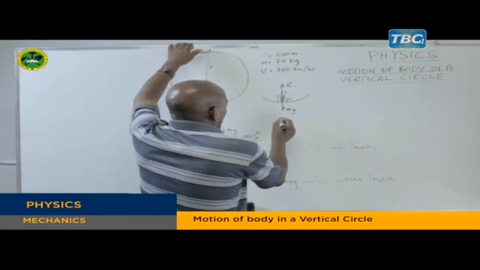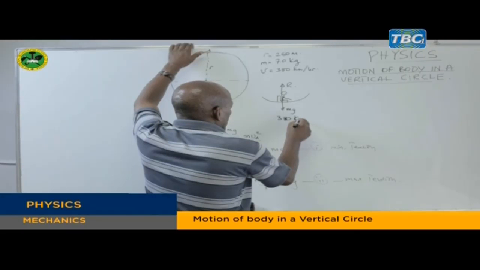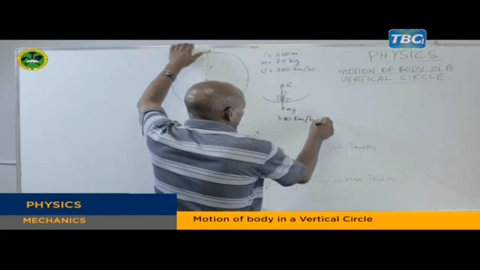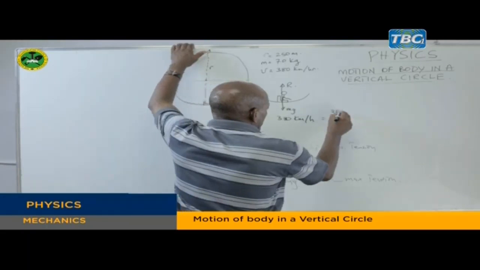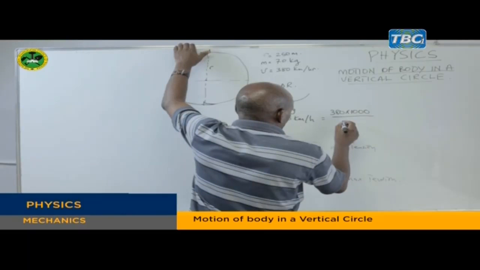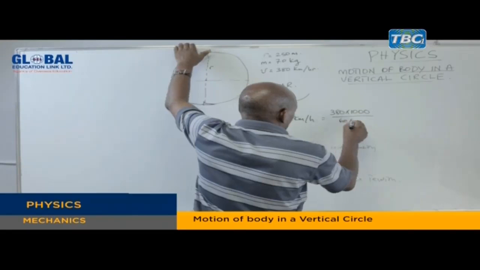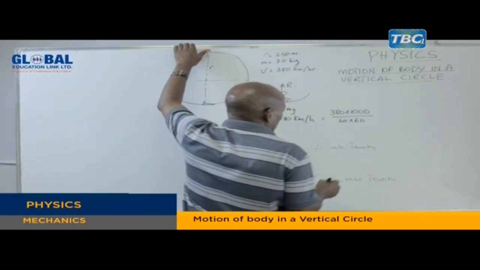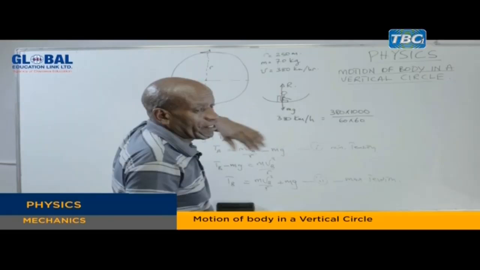So the 380 kilometers per hour is just like 380 times 1,000. We convert into meters and divide per second, so we divide by 60 times 60, because 1 hour has 3,600 seconds.